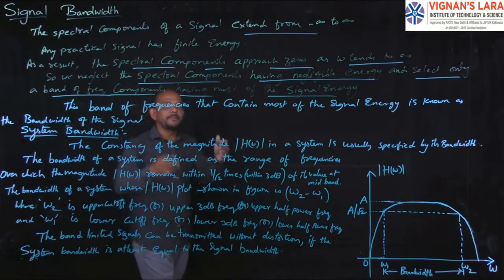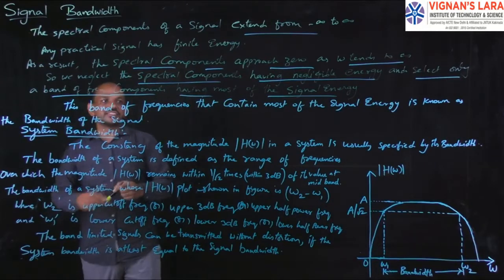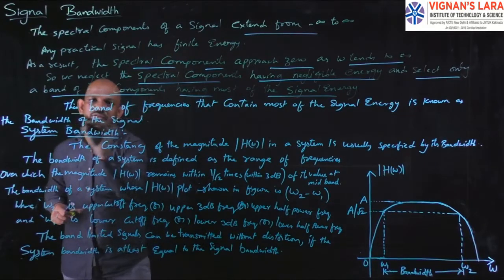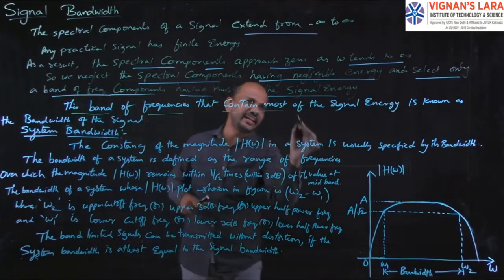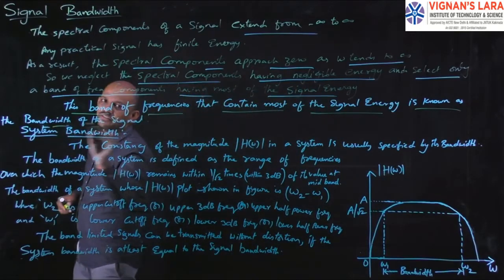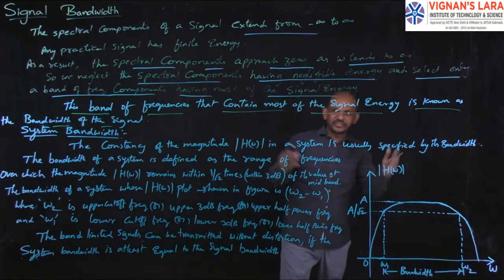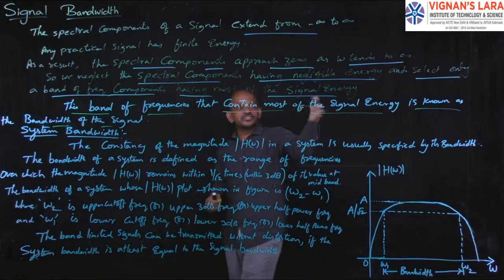And this band of frequencies that contains most of the signal energy is known as the bandwidth of the signal. Simply, the bandwidth of the signal is nothing but the band of frequencies that contain most of the signal energy.